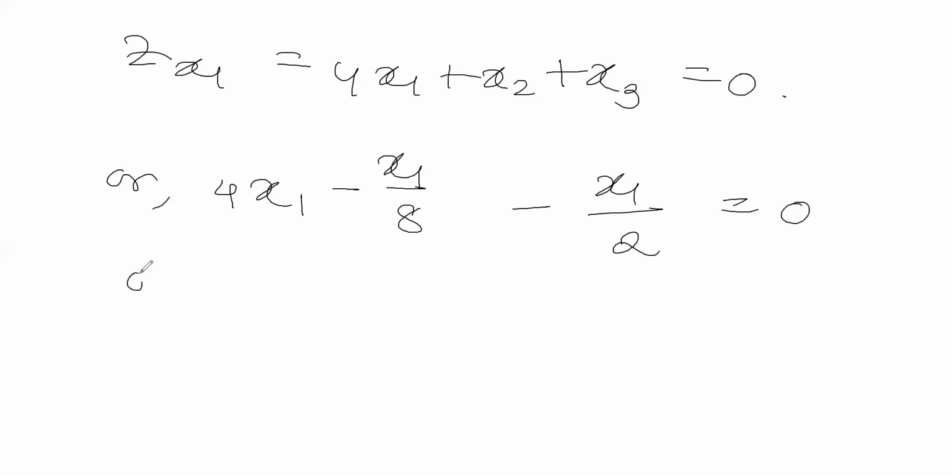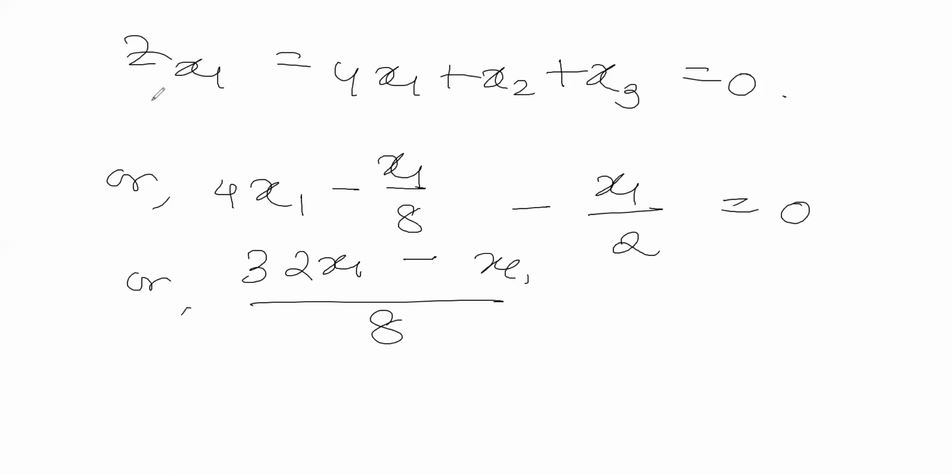Okay, now if I do the LCM, I get 8 over here. Here I get 32x1 minus x1 minus 4x1, and then set it equal to 0.